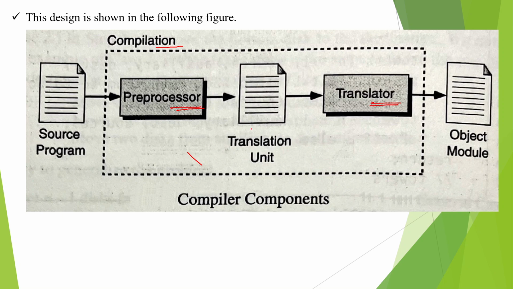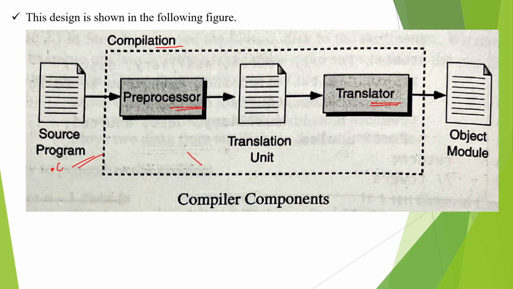The source program is nothing but the .c file which we are writing. That will be given to the preprocessor, and the preprocessor will perform a lookup operation. It will look for all the preprocessing commands present in your C code, and it will replace all those pre-processing commands with their actual code.